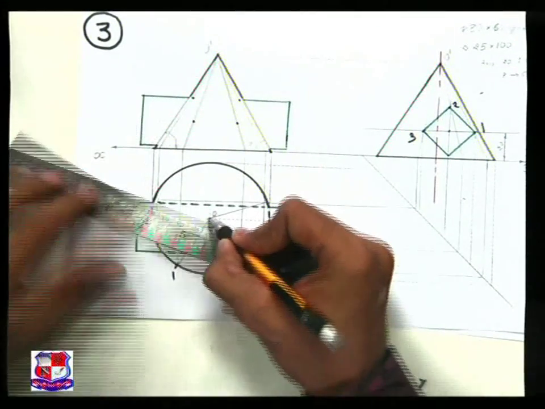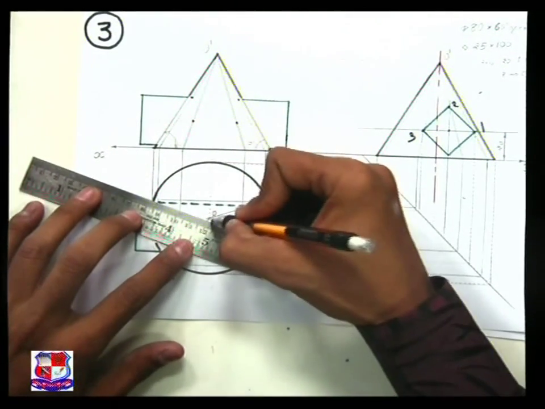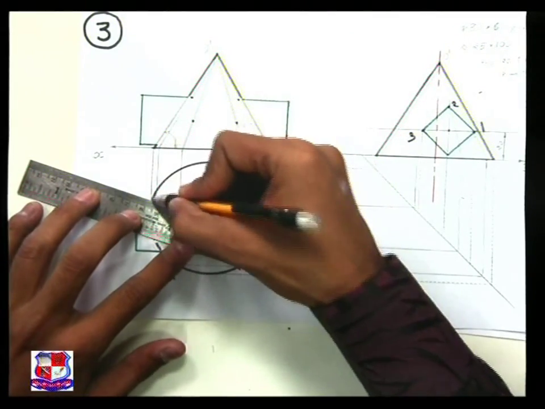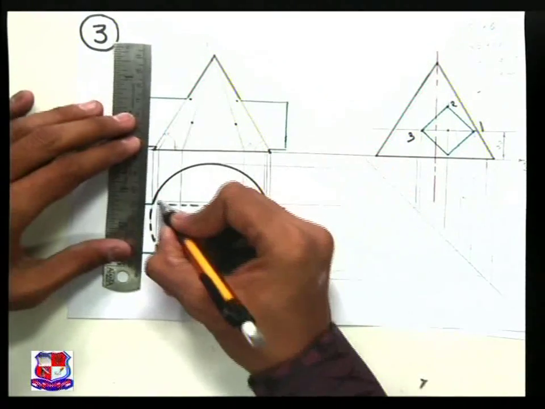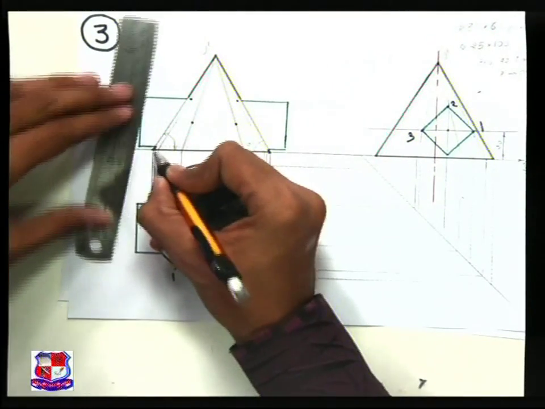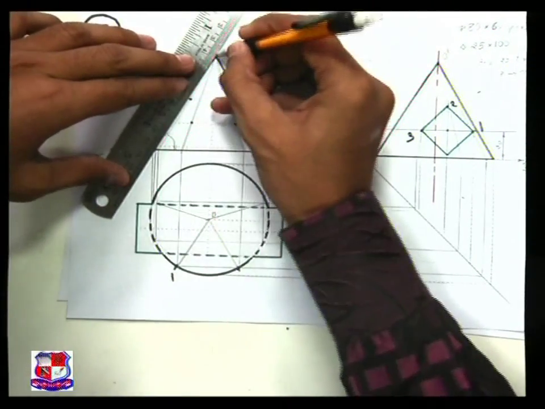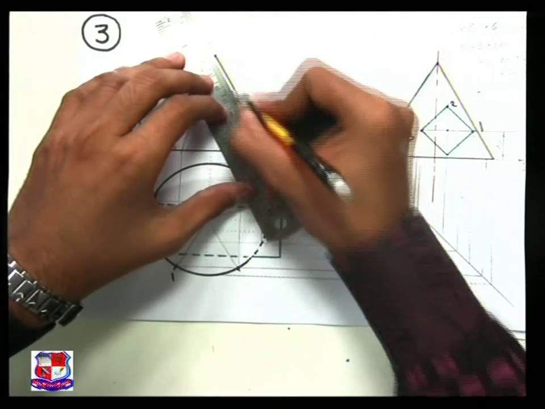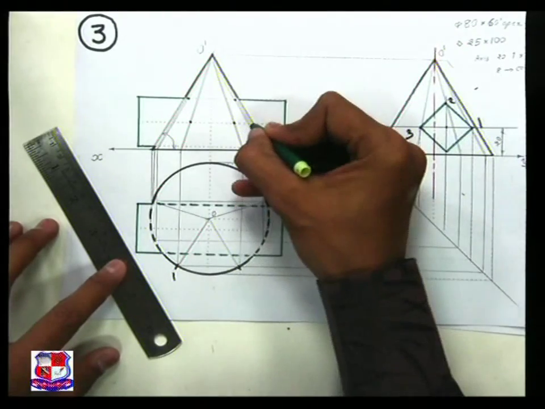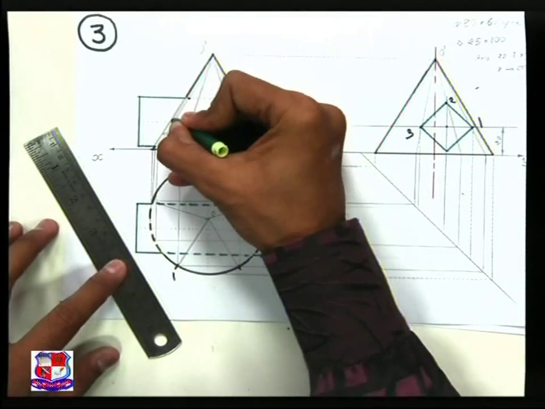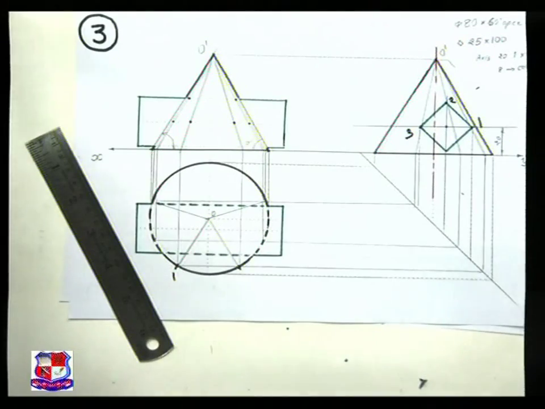So here this is the imaginary generator in top view, and then the position of this generator in front view. For that, let me draw vertical lines from these 2 ends and join them with the apex point O dash, and a horizontal line from point 3. So it would be somewhere here and somewhere here. So that we have located.